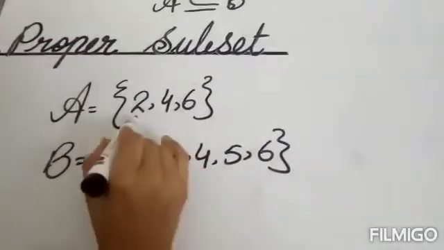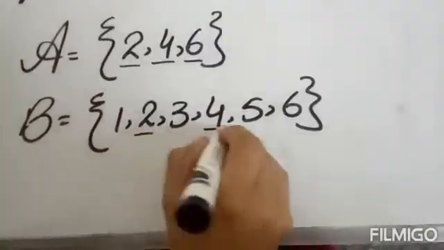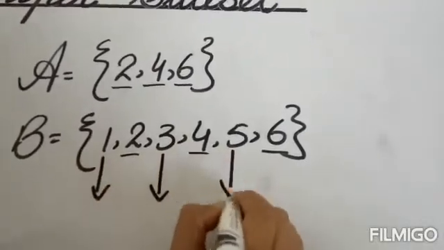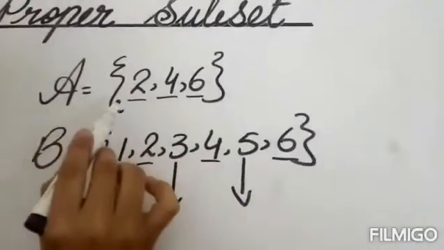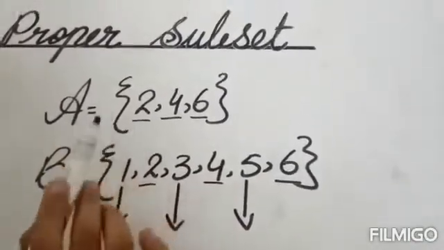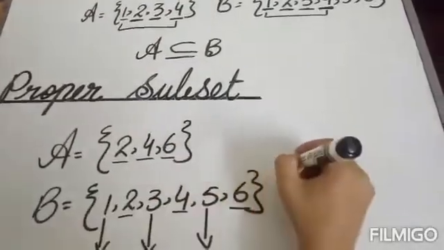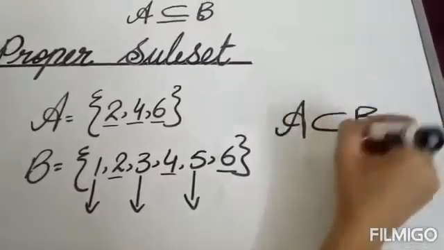You can see that 2, 4, 6 are present in set B, and 1, 3 and 5 are the extra elements compared to set A. So set A is a proper subset of B. We write it in symbolic form: A ⊂ B.